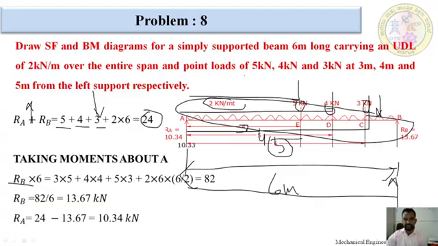Next, this would be the total UDL: 2 into 6 distance, and 6 divided by 2, because it acts at half. We got 82, and RB value we got 13.67 kilonewton. After putting this value in the formula, we get RA equal to 10.34 kilonewton.